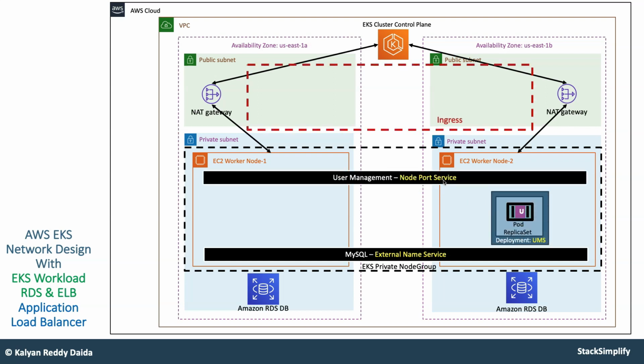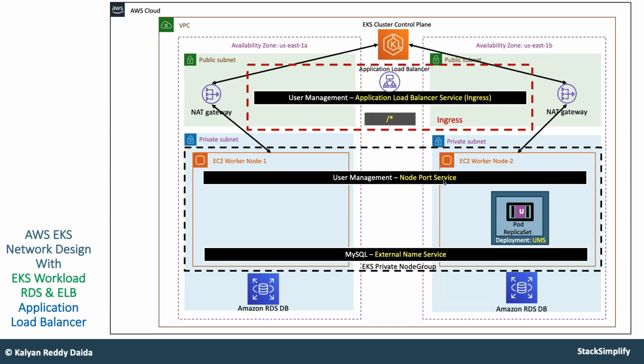Now in the public subnet, our ingress comes into the picture, which is nothing but the application load balancer. We'll write the ingress manifest and deploy it so that it creates the application load balancer. When writing the ingress manifest, we will specify that whenever a request comes with /usermgmt, it should go to this deployment, which is nothing but this respective UMS pod.